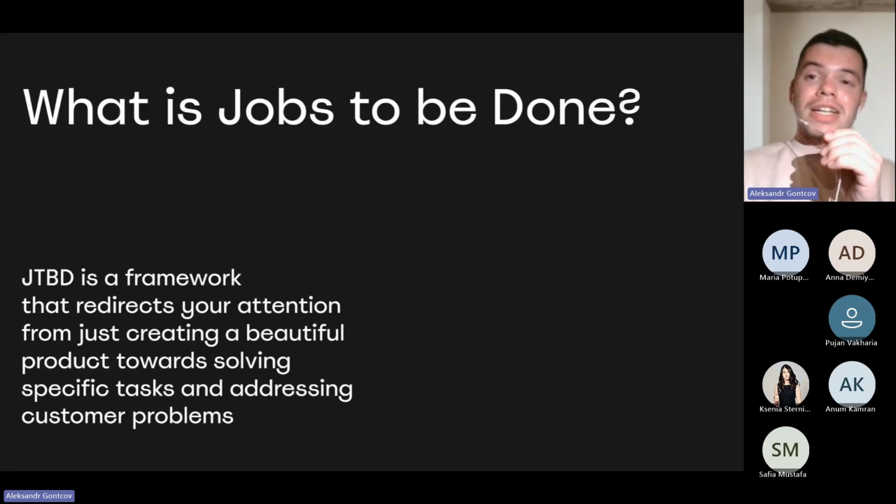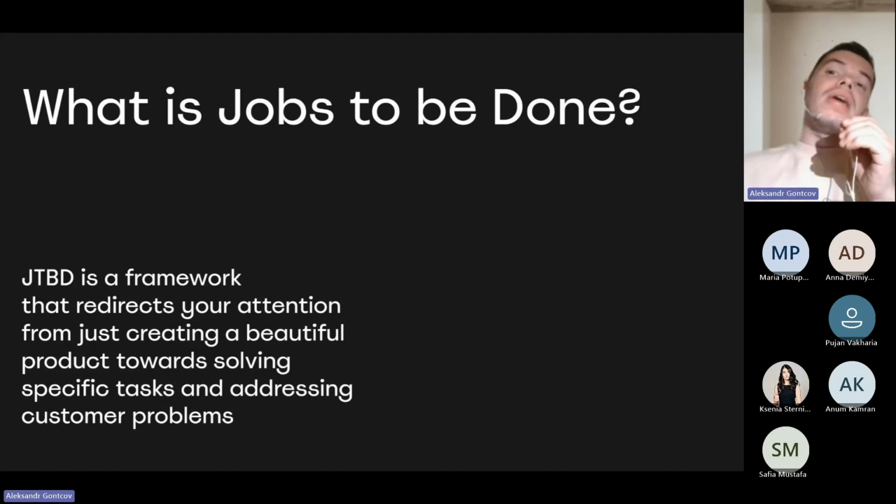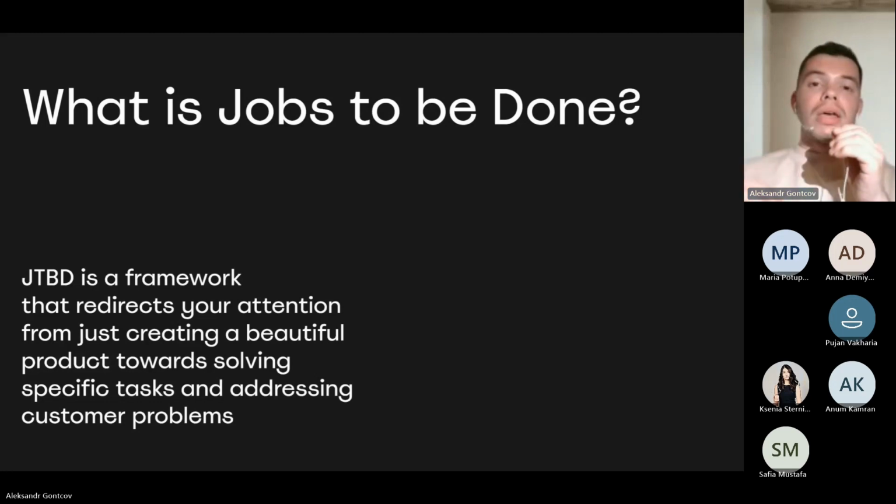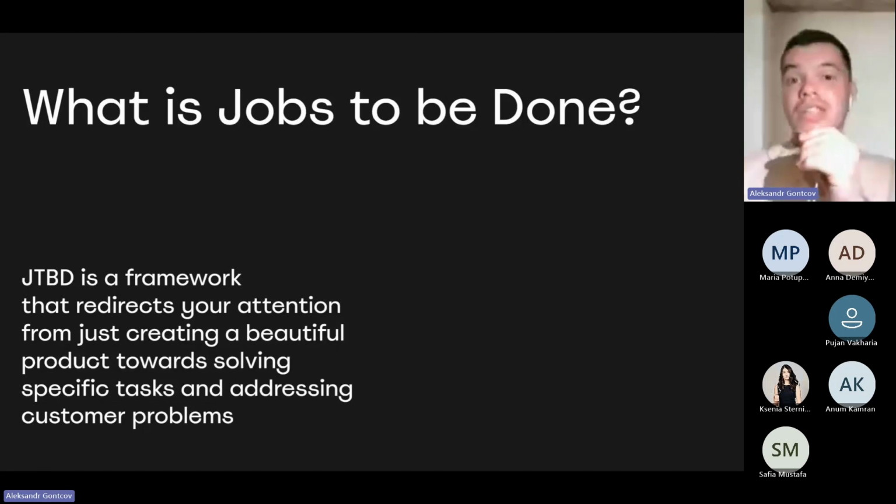But the key factor is they are asking themselves, can this person actually do the job we are hiring them for? Jobs to be done is basically about the same. Customers are evaluating each product from the perspective of the job they have, and they think, can your product help me? Can your product meet my needs? Can your product satisfy everything that needs to be satisfied?